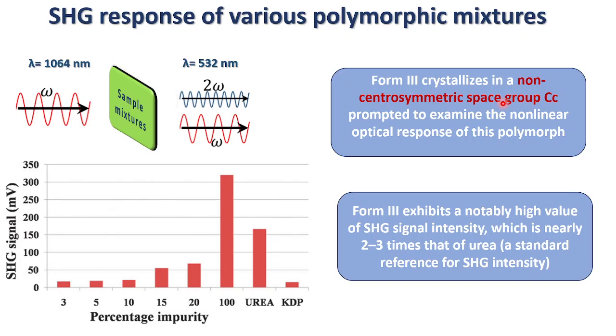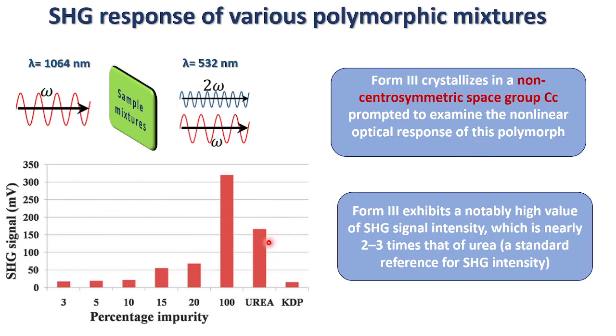Since it crystallizes in a non-centrosymmetric space group, it shows the property of second harmonic generation. The third polymorph responds to second harmonic generation.